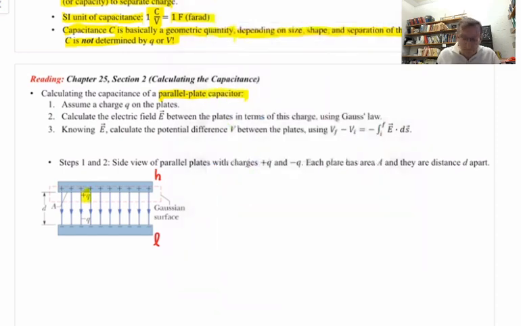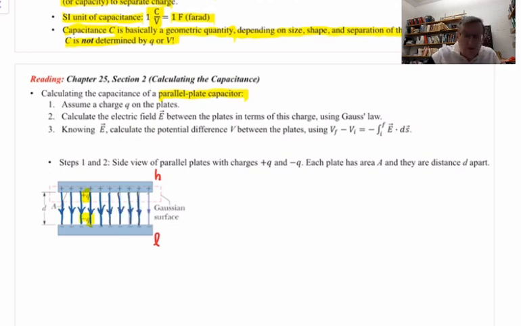That's where it's going to show up. And the lower plate has been given an equal but opposite charge, negative Q, on its top surface. And those two charge distributions are going to produce a nice uniform electric field away from the positively charged plate and towards the negatively charged plate. And that's what these electric field lines are showing.